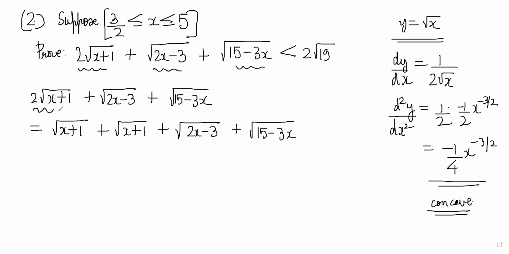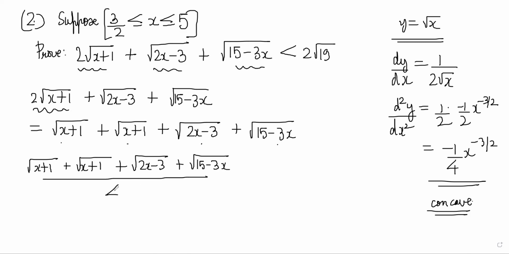We are splitting this term into 2 separate terms, and the reason we are doing it will be obvious now. So we will say that this is the sum of 4 different radicals, right?